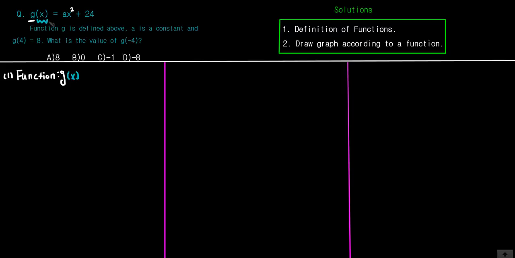Sometimes a function doesn't take its factor, and you just write function g is equal to ax squared plus 24. There's a function g of x, but it contains a specific equation, and it is ax squared plus 24 according to the question.